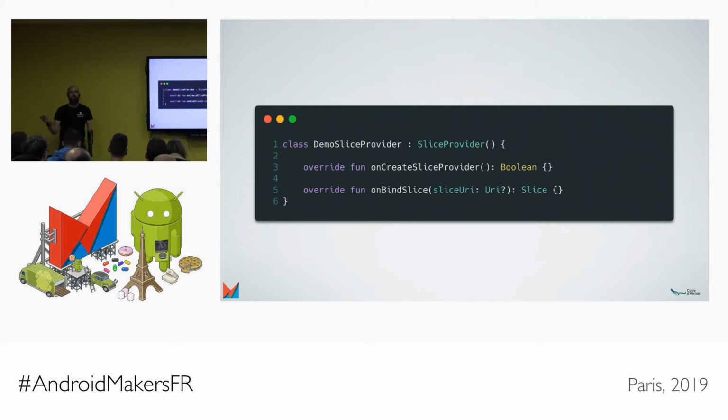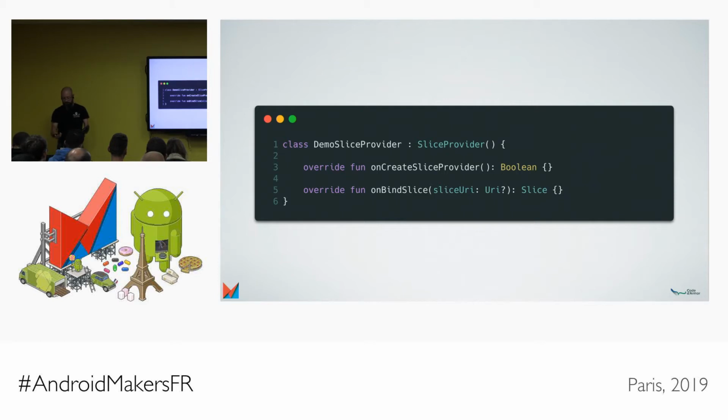Content providers, we're familiar with them every time we want to manage, let's say, contacts or any kind of resources which are provided by a third-party component. Here we have only two functions to implement. First, we have the onCreateSlice provider function to implement, which returns true if you manage to start your provider properly. In case of error, you return false, so that the system knows whether it can use this provider or not.